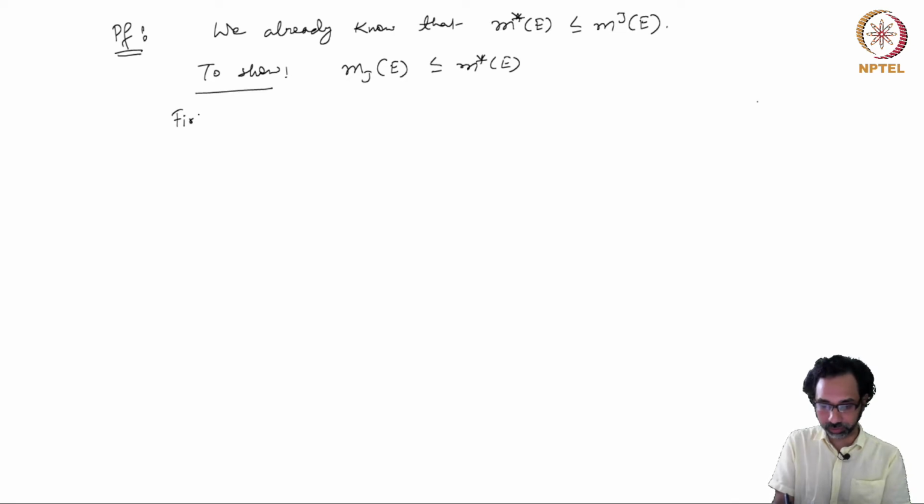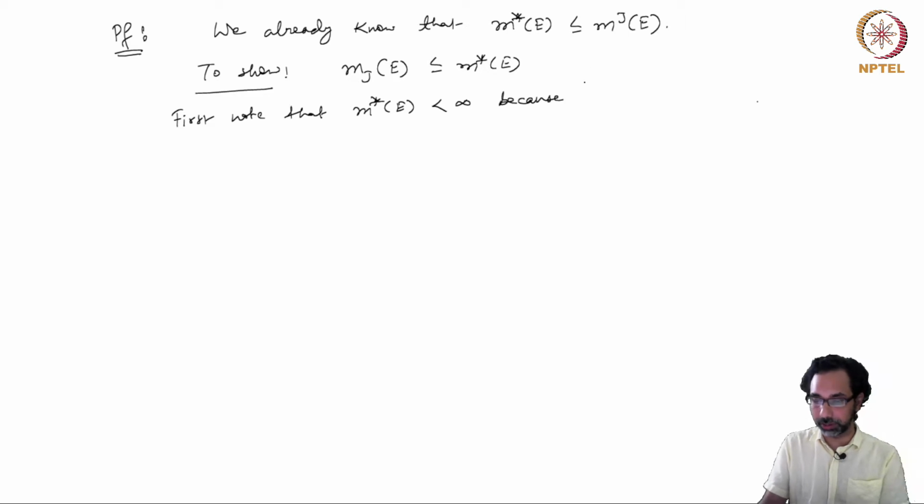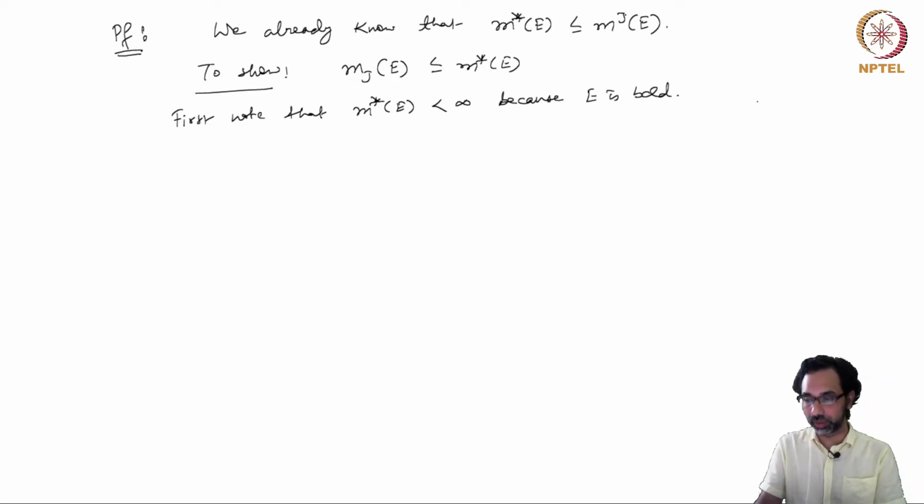First note that m star of E is finite because E is bounded. So if E is bounded, then the Jordan outer measure is finite. We have already seen this. So in particular, the Lebesgue outer measure is also finite.